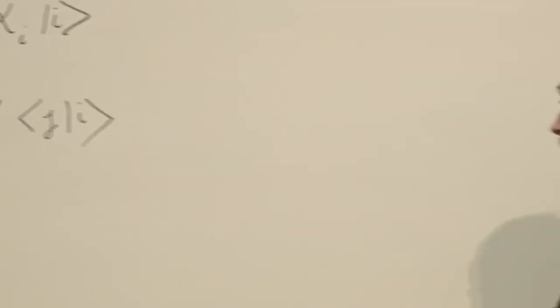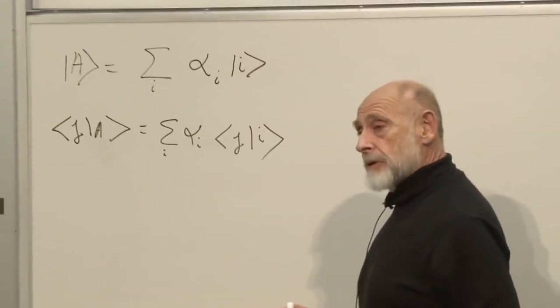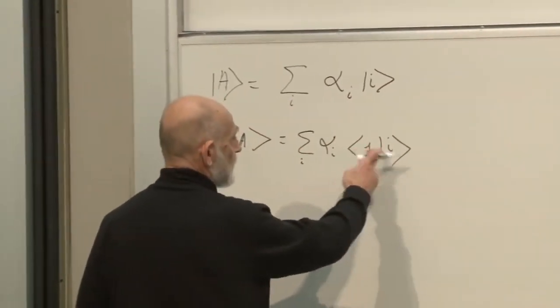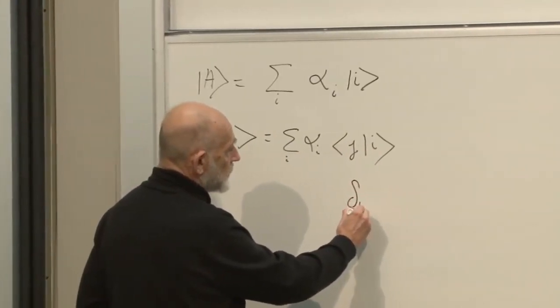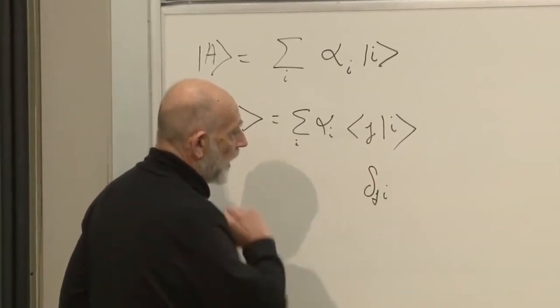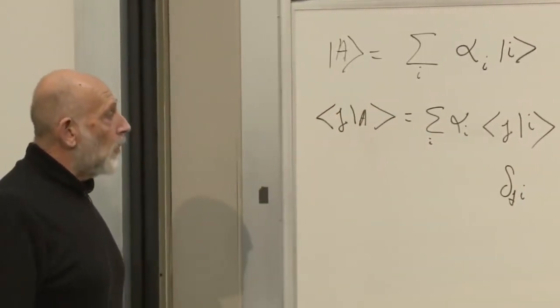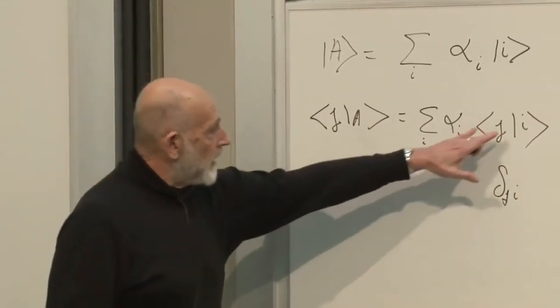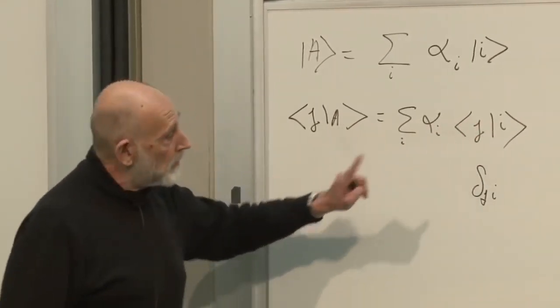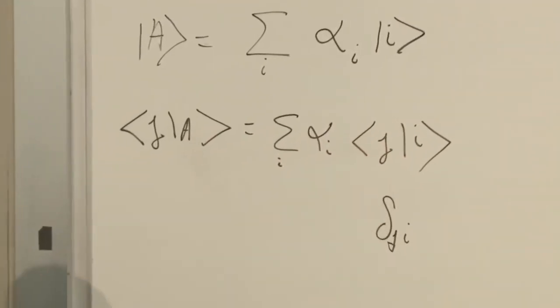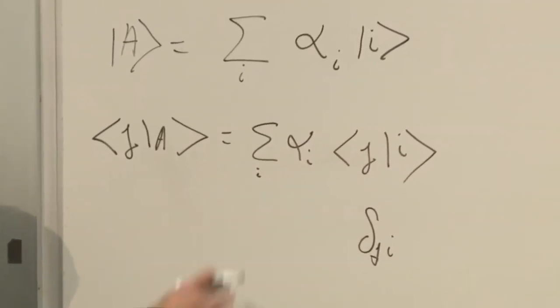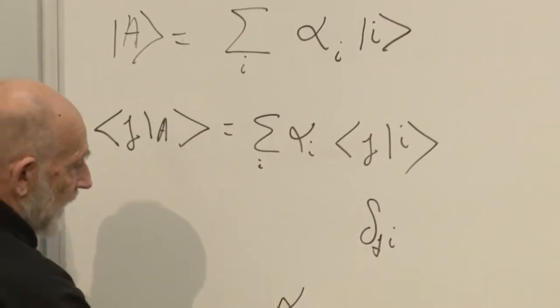Why? Because they're orthogonal if i is not equal to j, and they're normalized, namely of unit length, if i does equal j. So this bracket over here, this product of Bras and Kets, is just the Kronecker symbol delta ji, 0 or 1. And when you do the sum, it just picks out one and only one contribution, the contribution in which i is equal to j. So on the right-hand side, you just get alpha j. No sum.